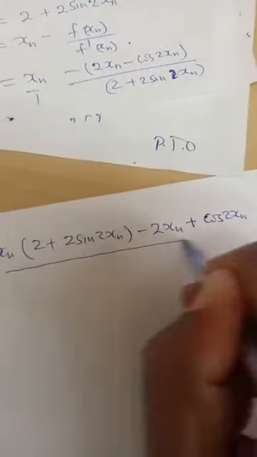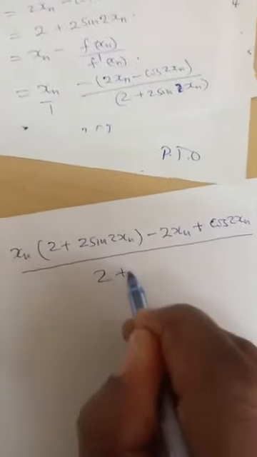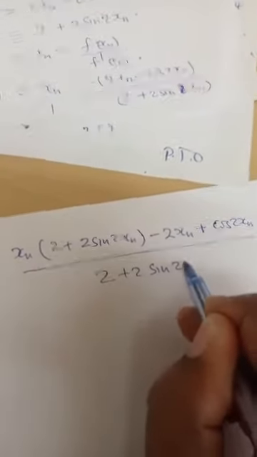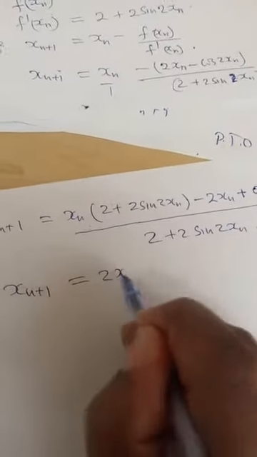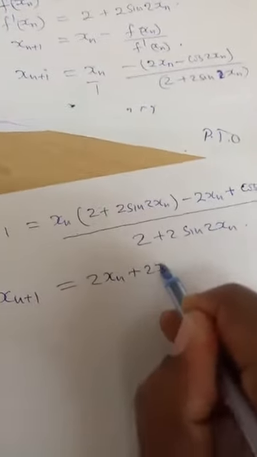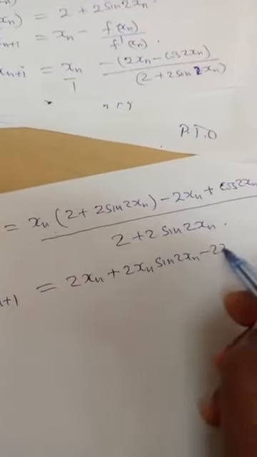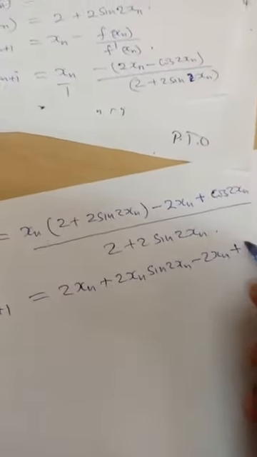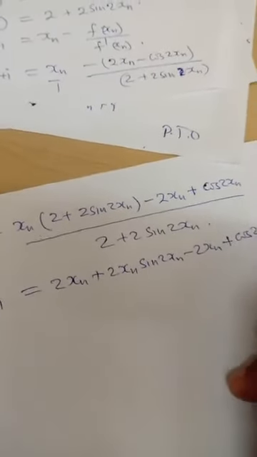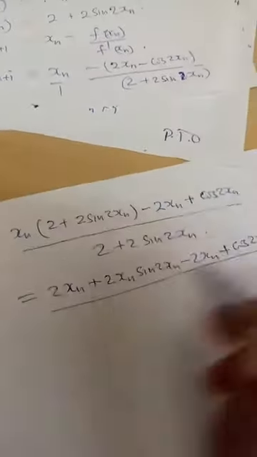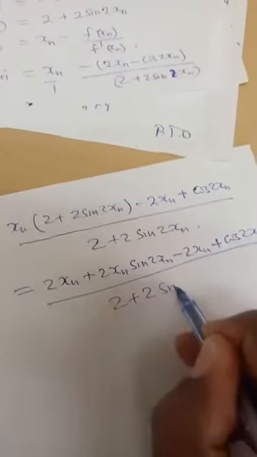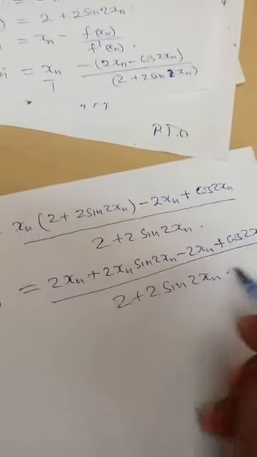Everything on the right hand side is now over 2 plus 2 the sine of 2xn. So our xn+1, upon opening the brackets, is 2xn plus 2xn the sine of 2xn minus 2xn plus the cosine of 2xn, everything over 2 plus 2 the sine of 2xn.